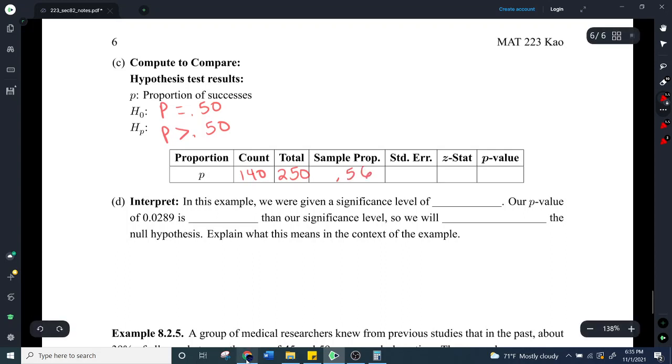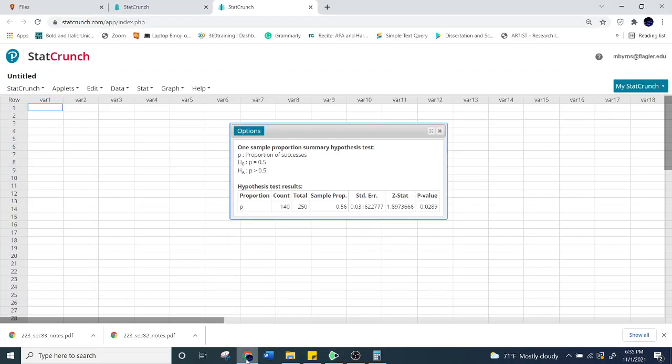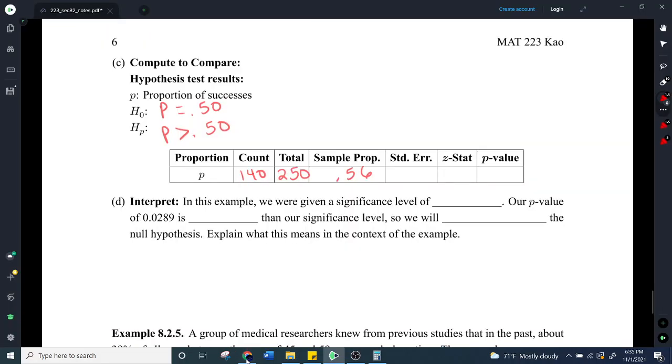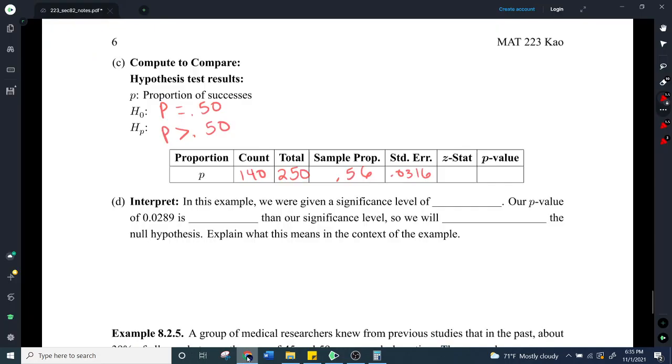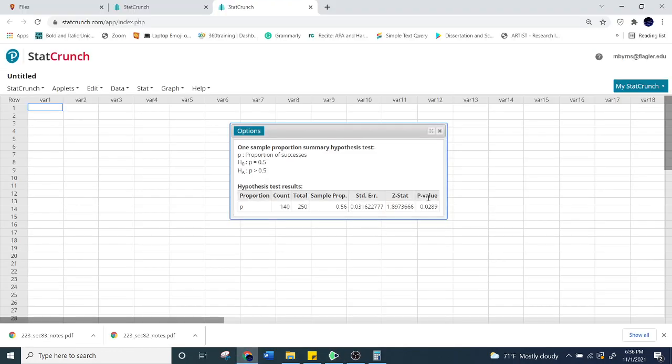And my standard error, again, notice StatCrunch computed that for me. It was 0.0316, and my z-score was 1.90.